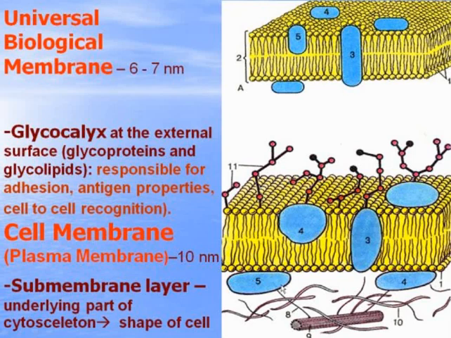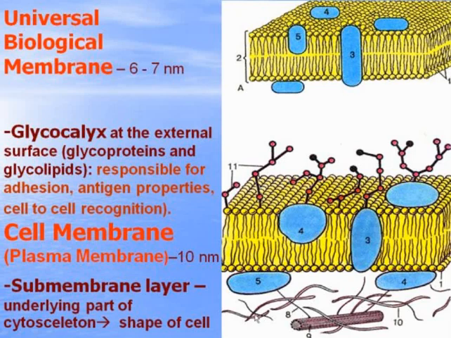Under the biological membrane, from the cytoplasmic surface, there is the submembrane layer, the underlying part of the cytoskeleton.